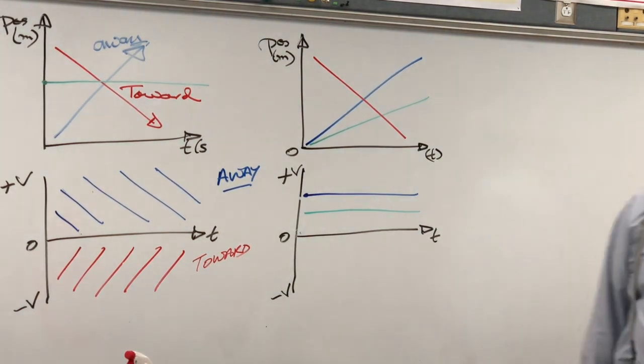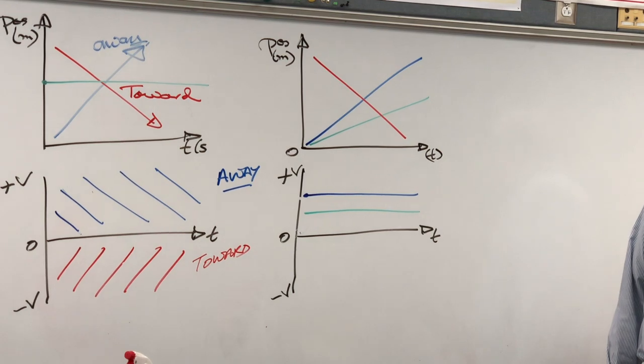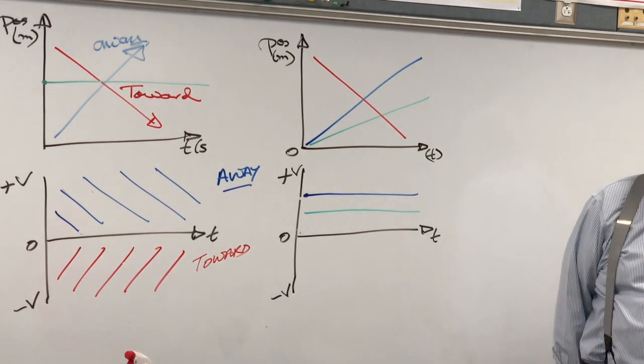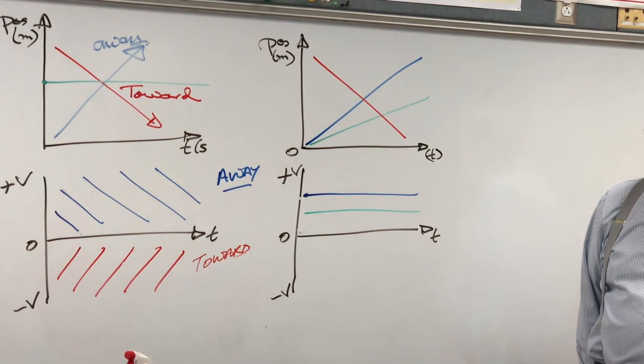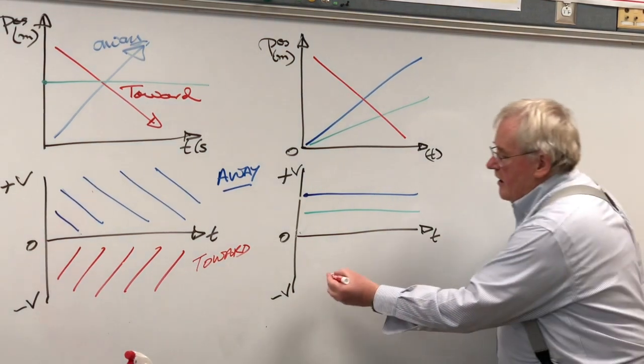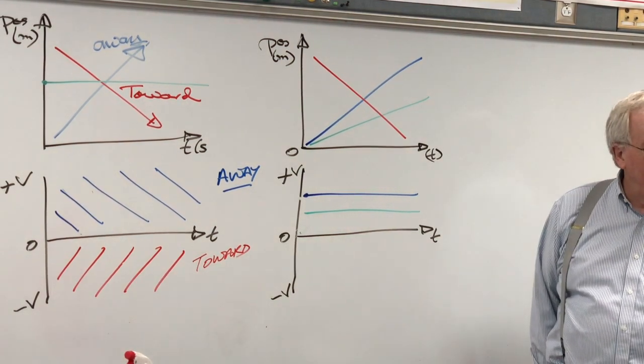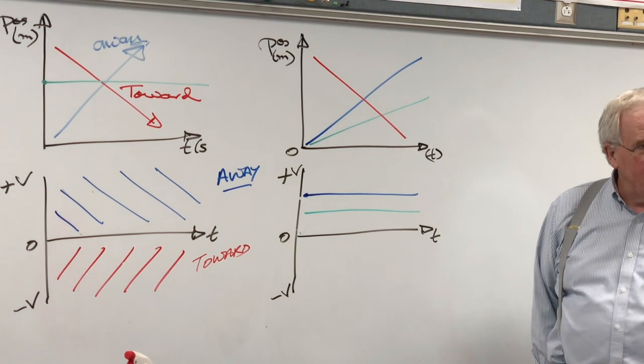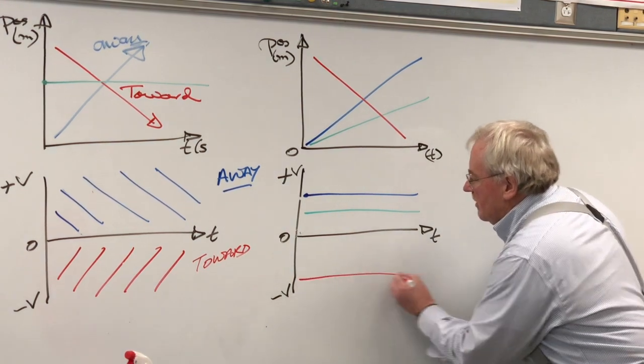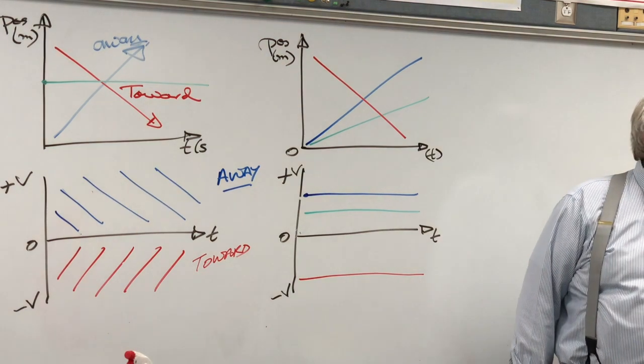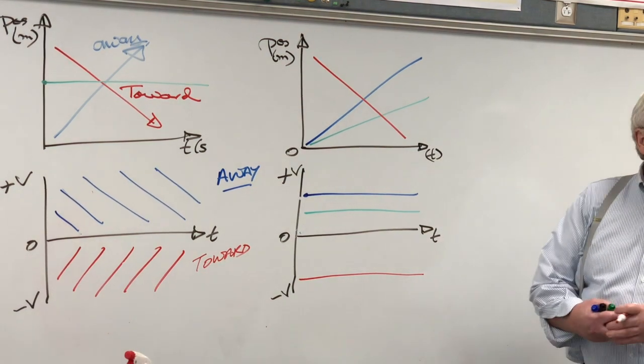It's going towards, and it's constant, and it's kind of fast, but not really that fast. So what am I going to draw down here? A straight line going around the middle. Horizontal. Yeah, a horizontal straight line, like that. That's what I would do.